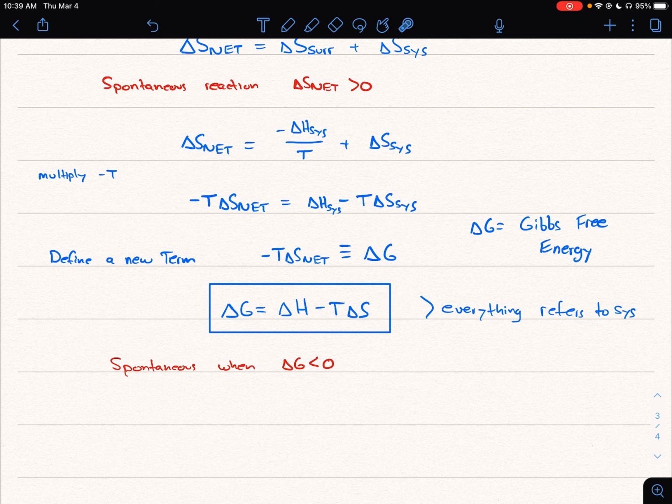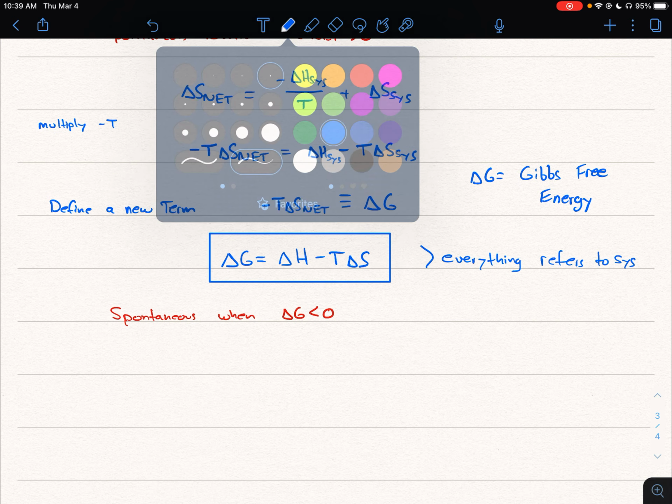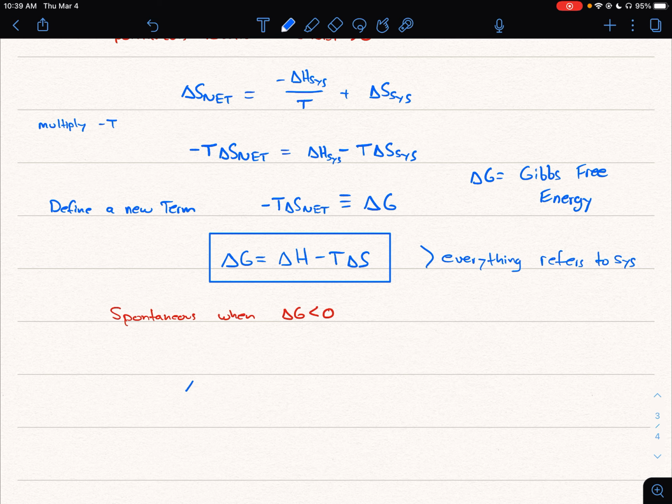The other nice thing this equation does is give us a new thermodynamic variable that's put in terms of our delta H and delta S. So we can think about our various terms, and I'm going to write a little table here.